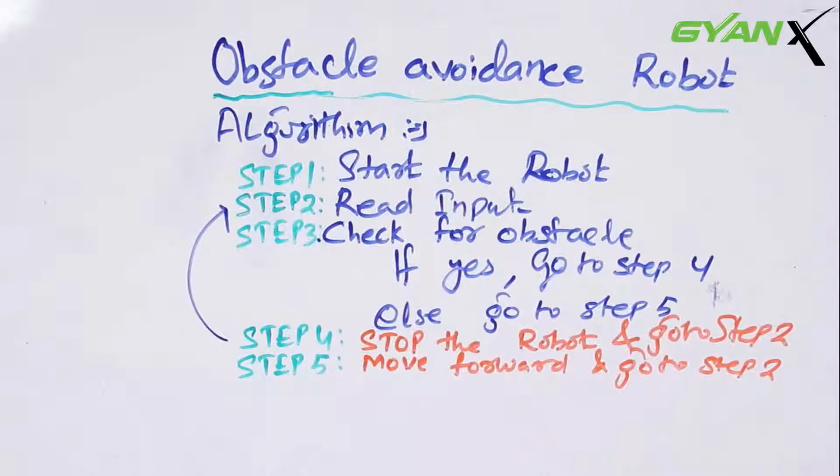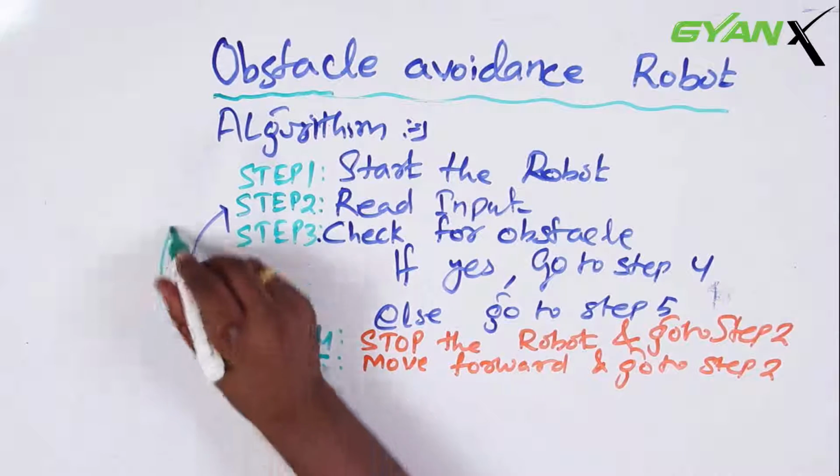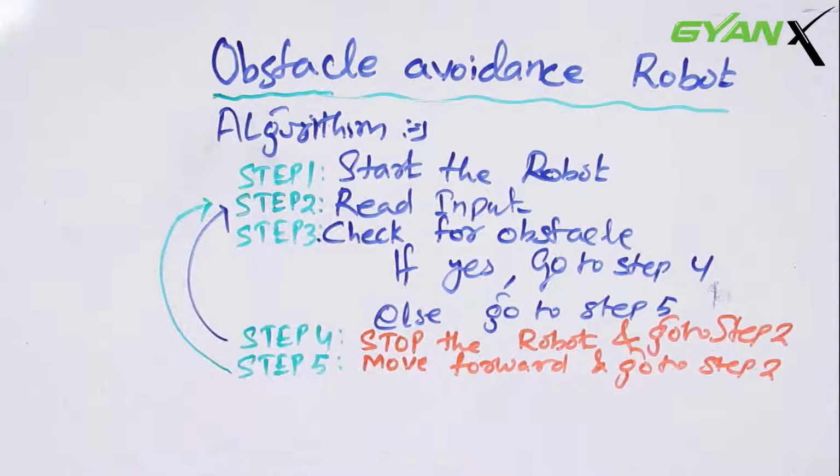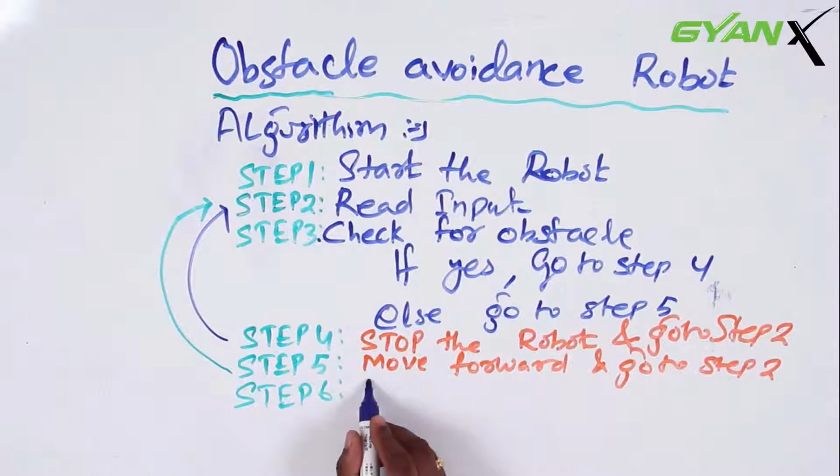This itself gives an example of a never-ending loop, the basic embedded system. Here the loop doesn't end, but as a formal closure of the program or algorithm, we can write step 6 as END, or you can give a stop. This is the basic algorithm.